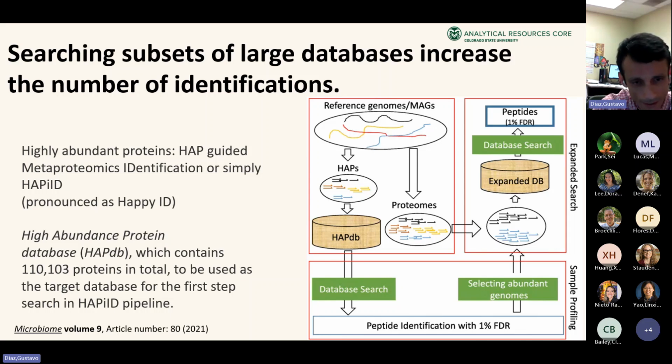Then we do a search using our experimental data at a false discovery rate of 1%, and we are able to identify taxa associated with the sample.